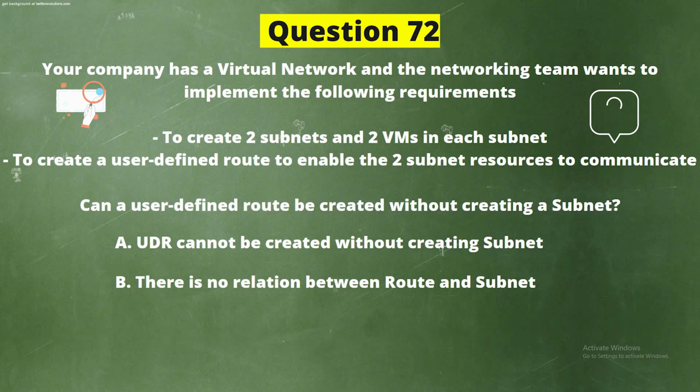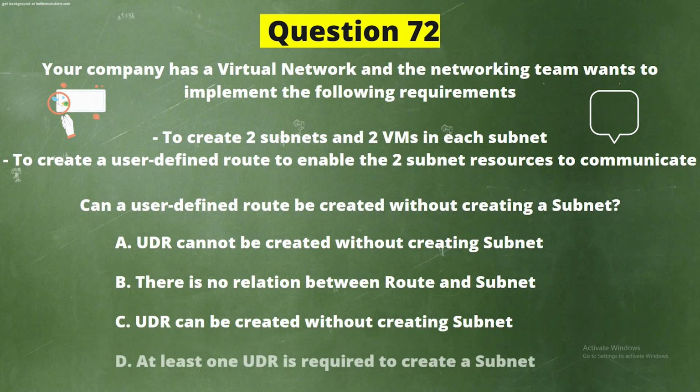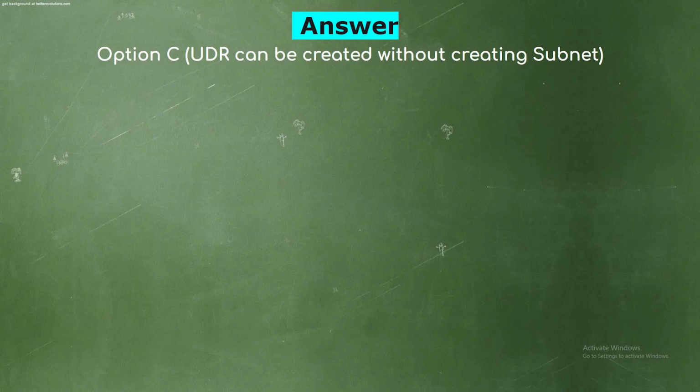Option B, there is no relation between route and subnet. Option C, UDR can be created without creating subnet. Option D, at least one UDR is required to create a subnet. And the correct answer is option C, UDR can be created without creating subnet.